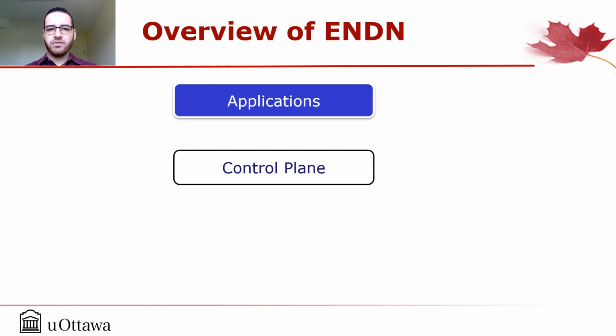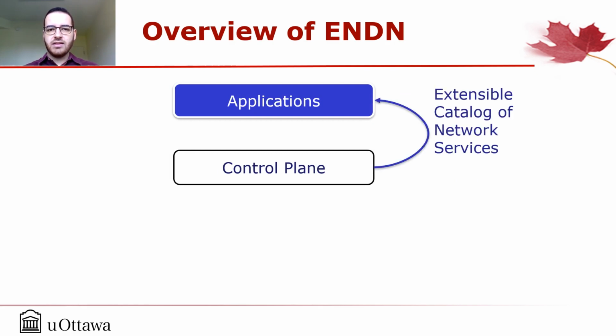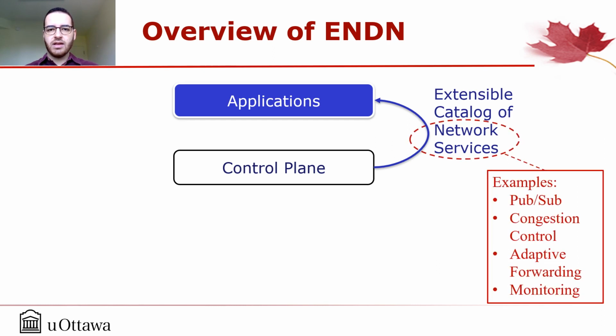Let's look at an overview of ENDN. In ENDN, the control plane offers an extensible catalog of network services to the applications. Examples of these services are content delivery patterns like the publish-subscribe pattern, or custom forwarding behaviors like congestion control, adaptive forwarding, or monitoring.